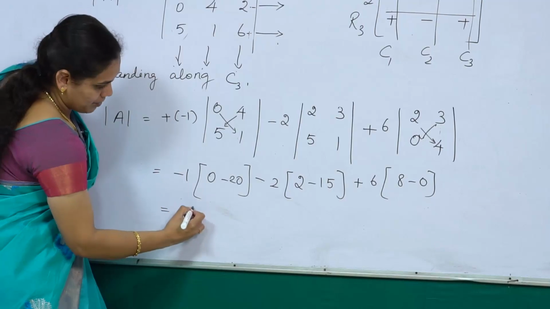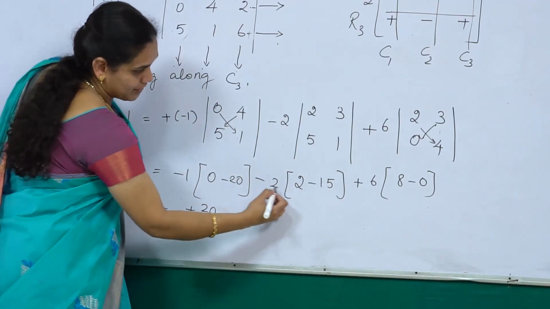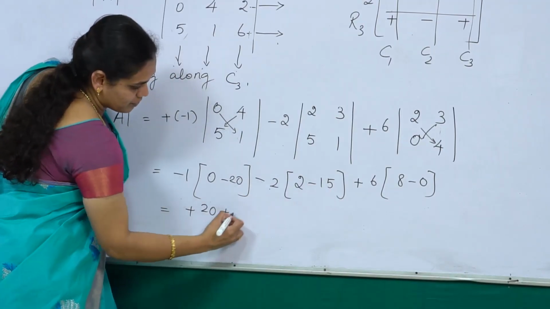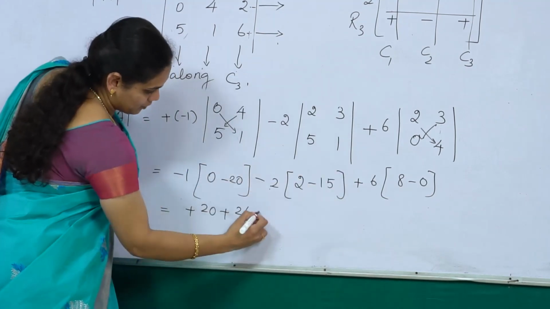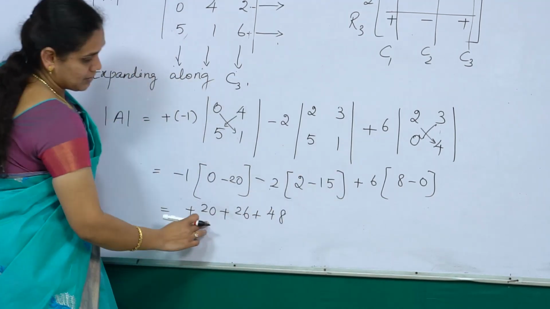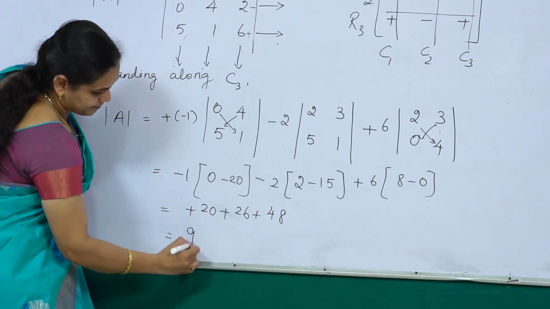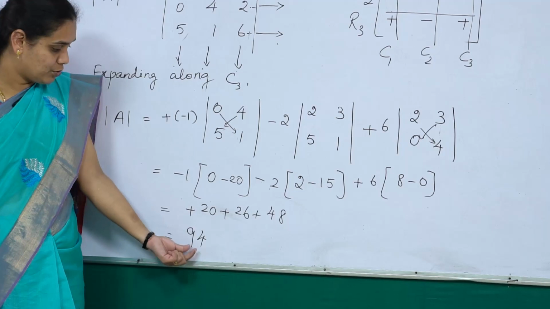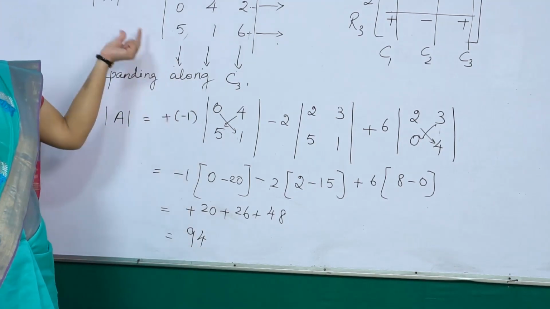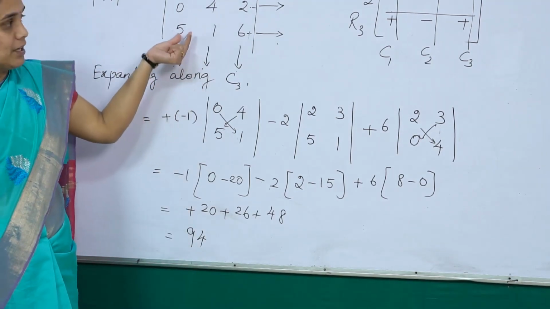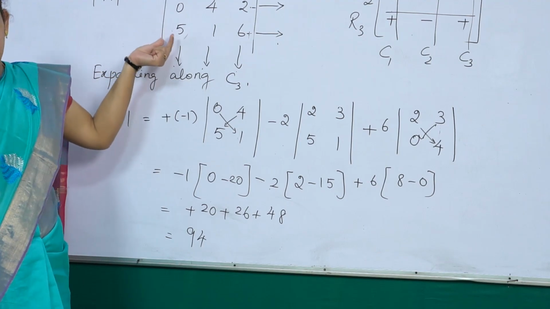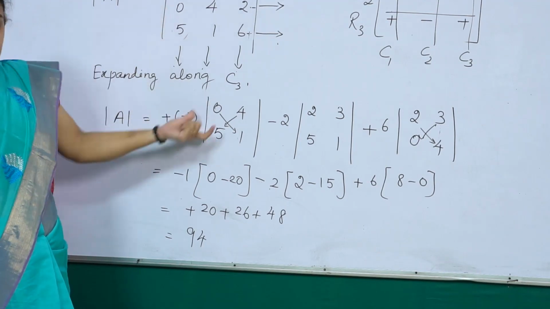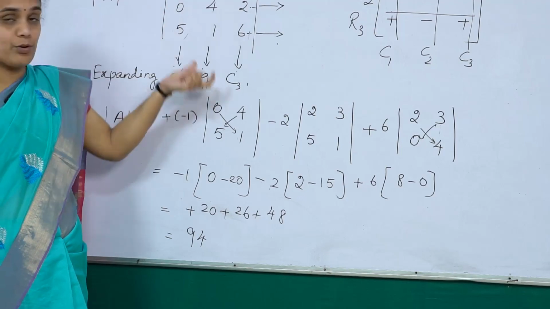So we get plus 20, then minus 2 into minus 13, so plus 26, then here plus 48. So 94. We get the same answer. So you don't need to worry whether I will get the same answer if I evaluate along any other row or column. You will get the same answer if you expand along any row or any column.